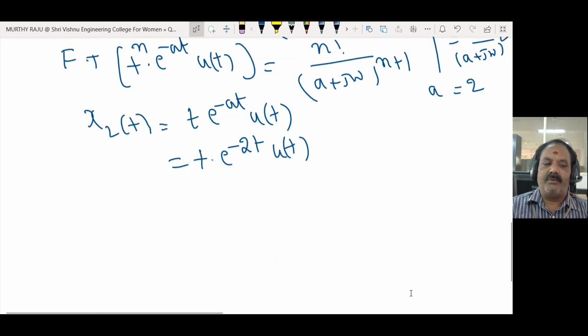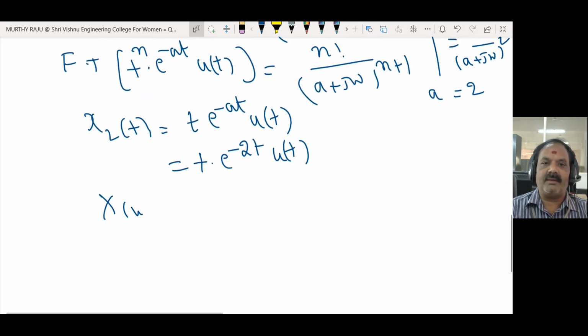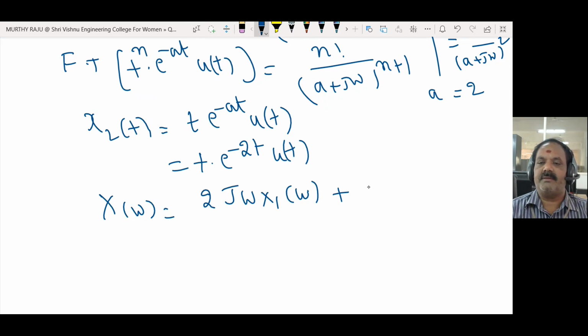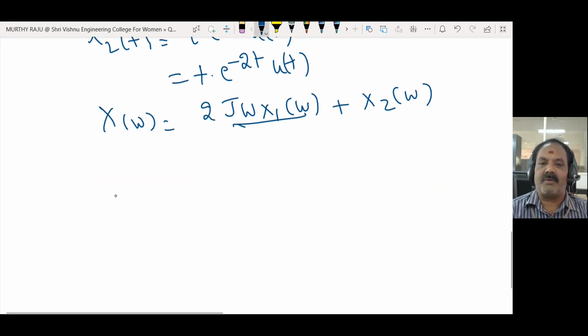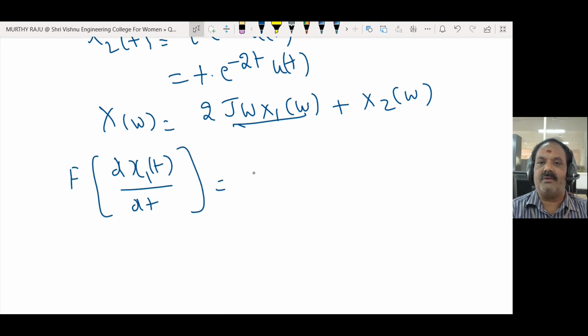Finally, X of omega is equal to 2 j omega X1 of omega plus X2 of omega. By using the time differentiation property, the Fourier transform of dx1 of t by dt is equal to j omega into X1 of omega. This is the time differentiation property.